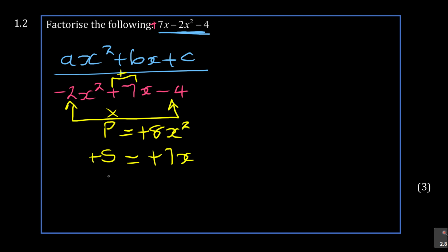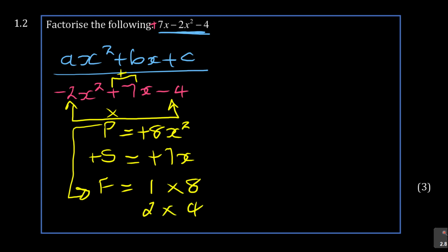Then you look for the factors of the product. Meaning, you are looking for the two numbers that multiply to get 8, which is 1 times 8, and then 2 times 4. Because it's negative 2 times negative 4, we are getting a positive 8.